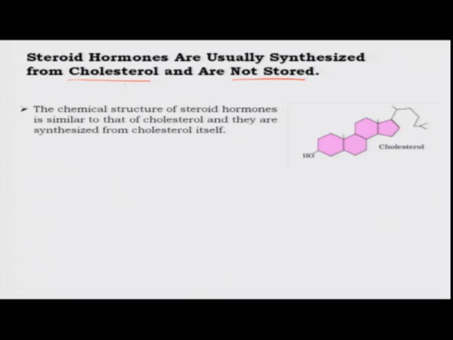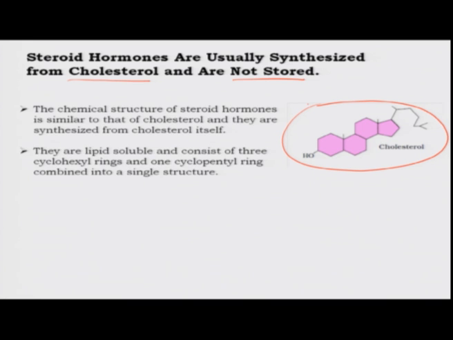So, this is the structure of cholesterol, and the structure of these steroid hormones, because they are derived from cholesterol, resembles cholesterol to a large extent. And what do they look like? They are lipid soluble, because obviously cholesterol is a lipid molecule, and it consists of 3 six-carbon cyclohexane rings and 1 five-carbon cyclopentane ring.